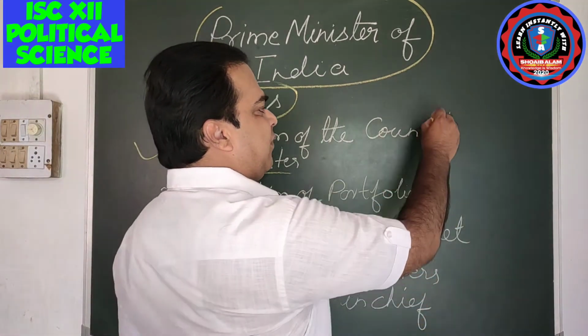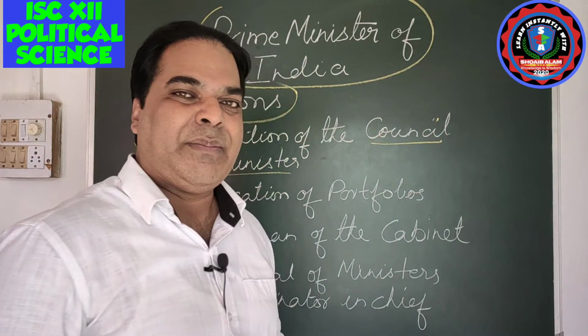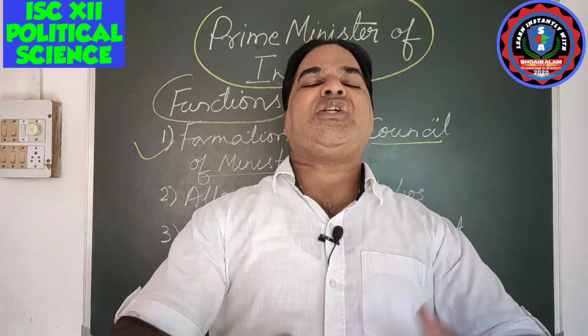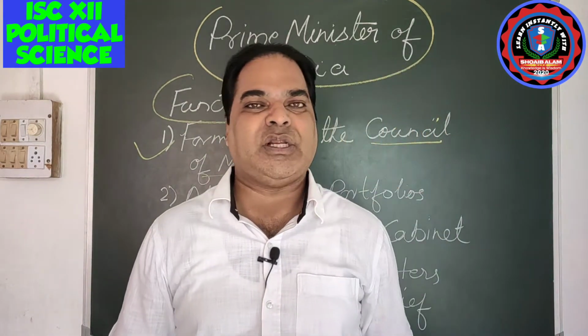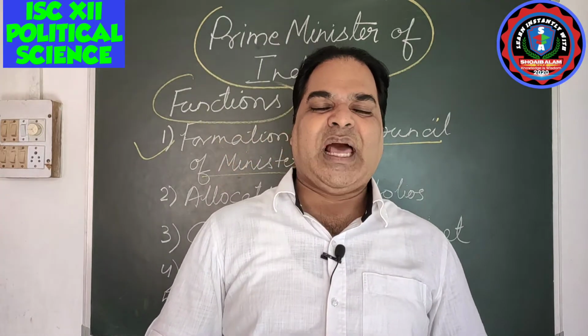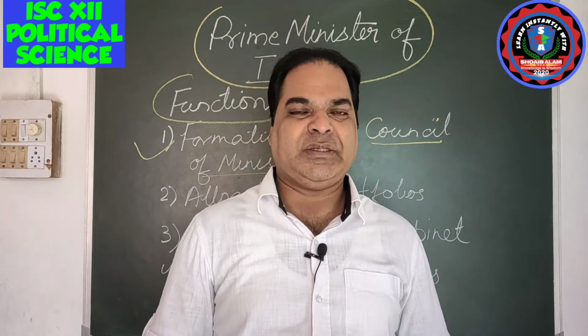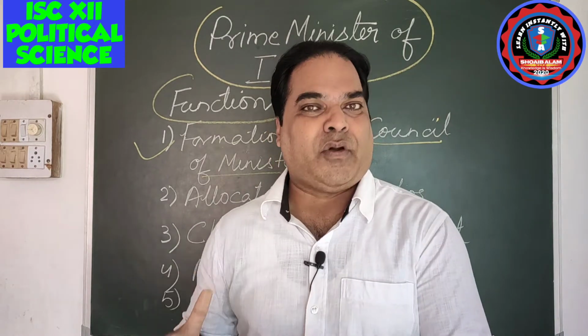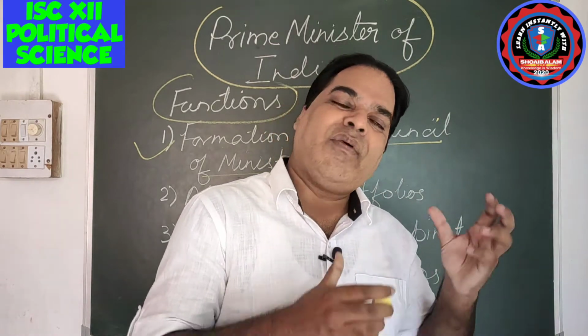Why is it called the Council of Ministers? Because all the ministers together are known as the Council of Ministers. It is a collective noun used for the ministers, like a bouquet of flowers, a bundle of rods. In the same way, Council of Ministers.